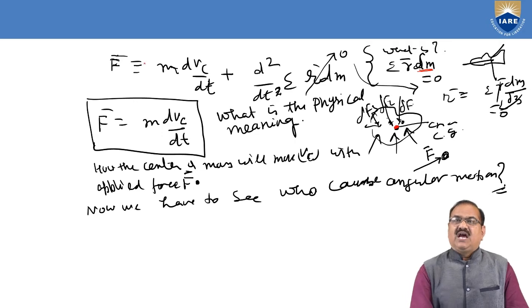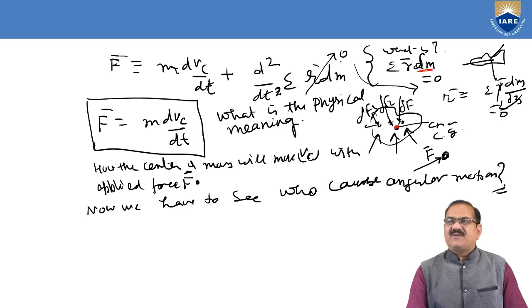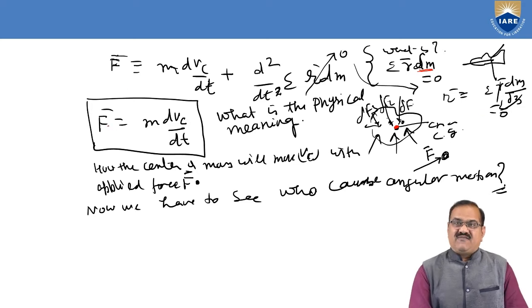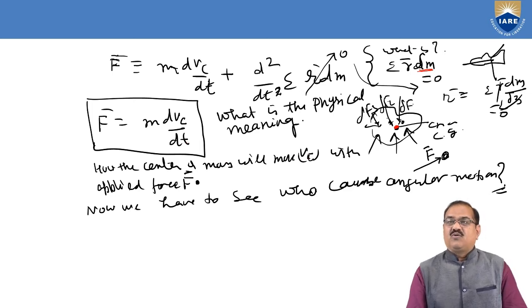Okay, so here we can write this F vector as m dVc/dt plus d²/dt² of the summation of r bar dm. This r bar dm is equal to 0, as we have mentioned. So here we get F = m dVc/dt. So how will the center of mass move? So the velocity Vc.